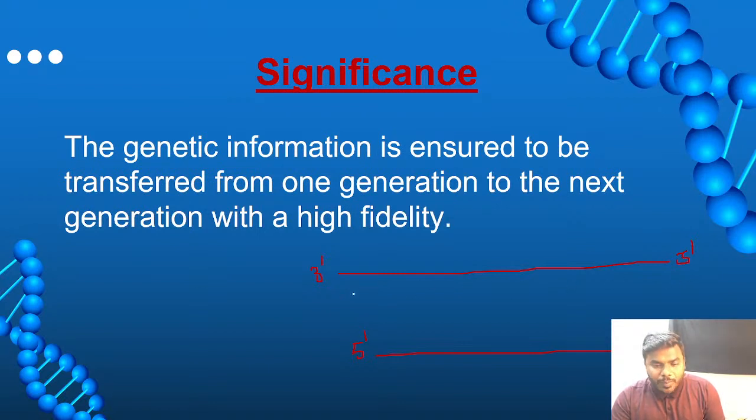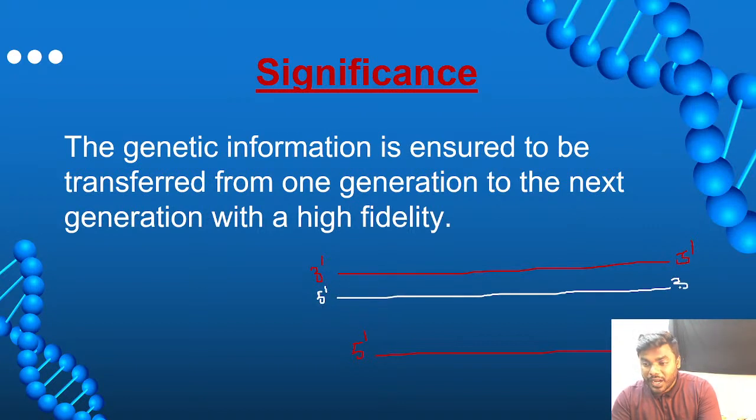Hence, there is no problem here. Now, it is going to synthesize the daughter strand in 5' to 3', no problem at all, towards the replication fork. That's why I called this strand the leading strand. I can even call this particular synthesis continuous synthesis.